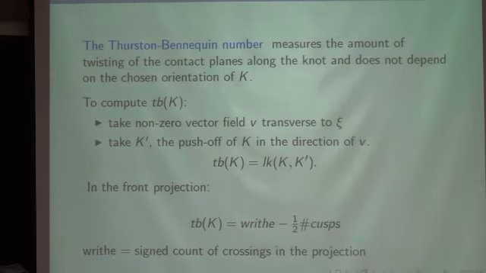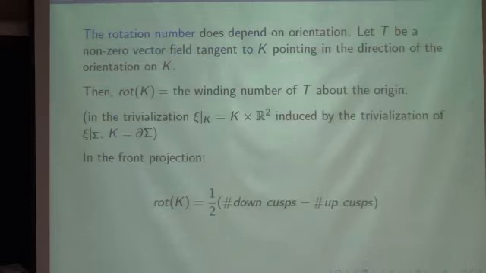Okay. So then the rotation number is a little bit more complicated. What you imagine here is, if you take the tangent vector to the knot, you want to know how much that tangent is going to turn around in the contact plane.